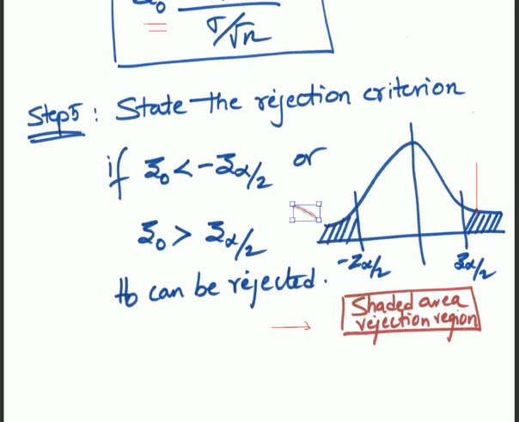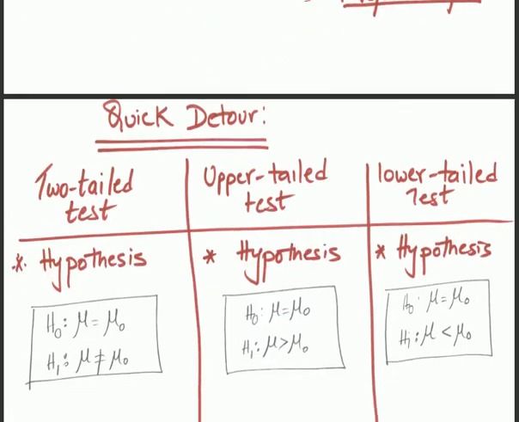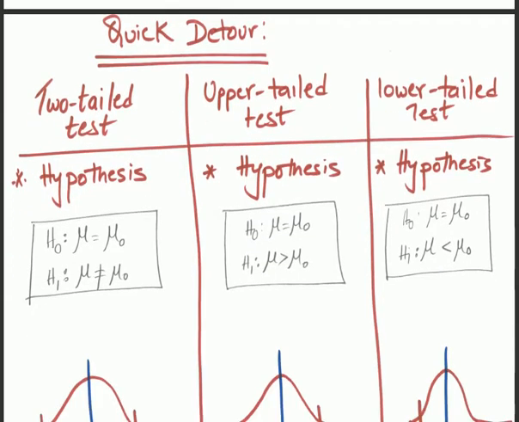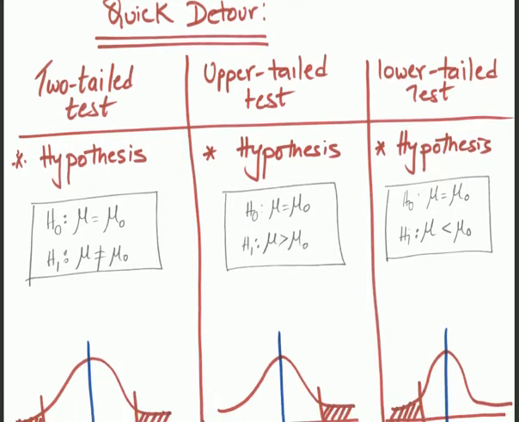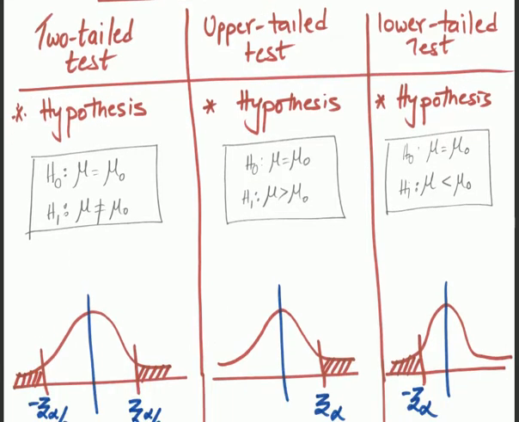But let's take a quick detour and look at the three different tests that you can conduct. First is what we call a two-tailed test, for which the hypothesis needs to be stated as follows: h naught is mu equals mu naught and h1 is mu is not equal to mu naught.